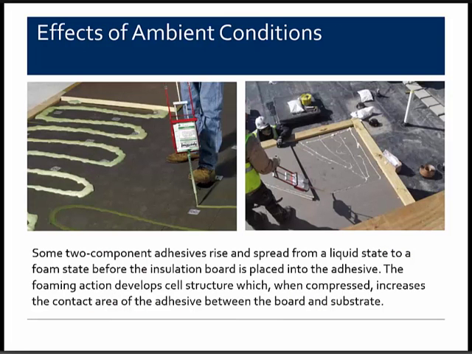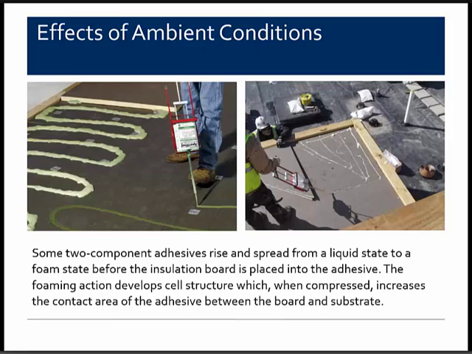Why does this have an effect on adhesives? For some two-component adhesives, the rise and spread from a liquid state to a foam state actually forms the adhesive. This foaming action develops a cell structure which can increase the contact area of the adhesive between the board and the substrate.